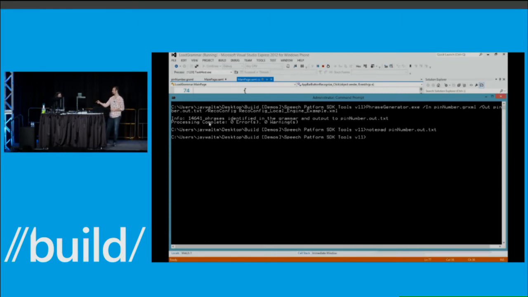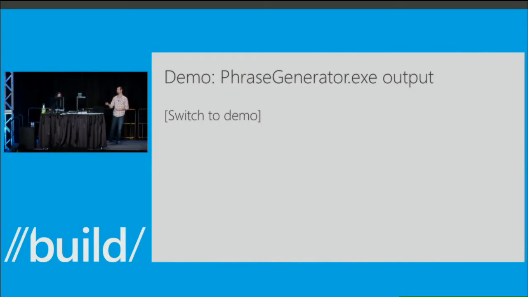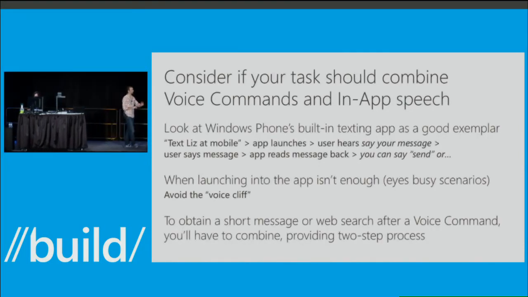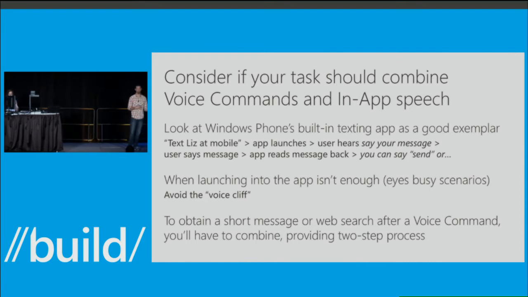And lastly, I've got one last thing to keep in mind. Consider whether, for your Windows Phone app, you should be combining voice commands with in-app speech. The texting app is a great example of what's happening under the hood.